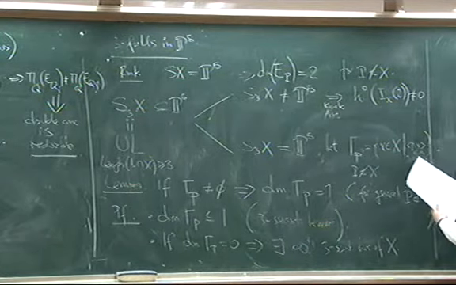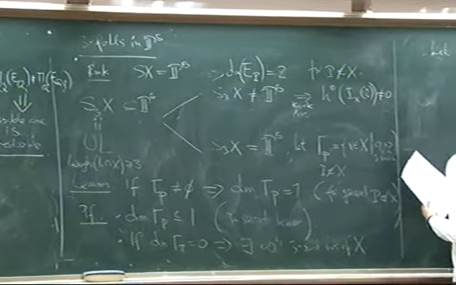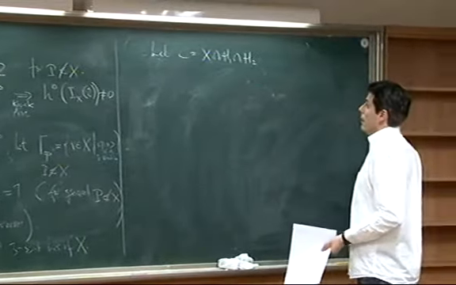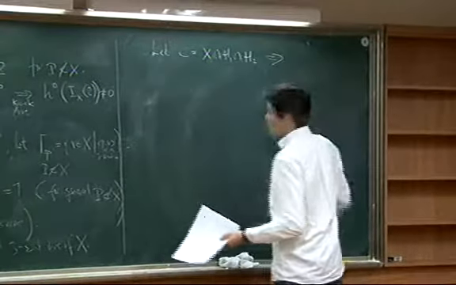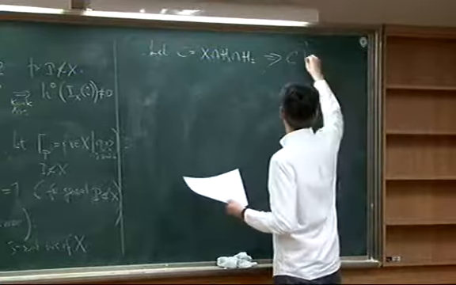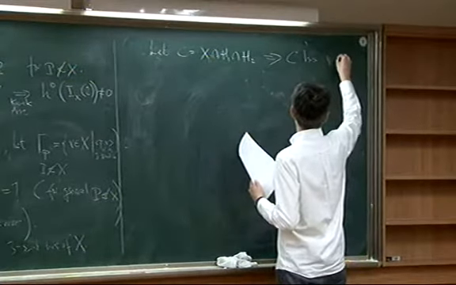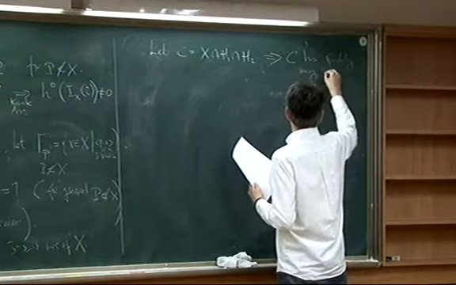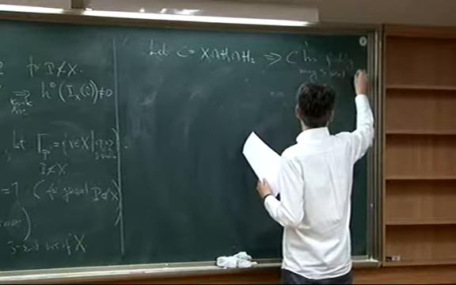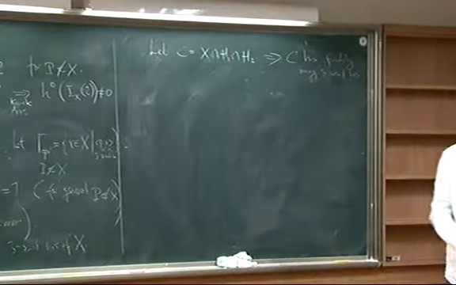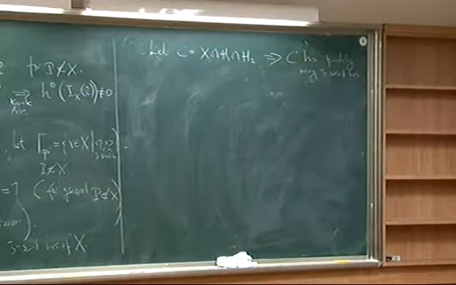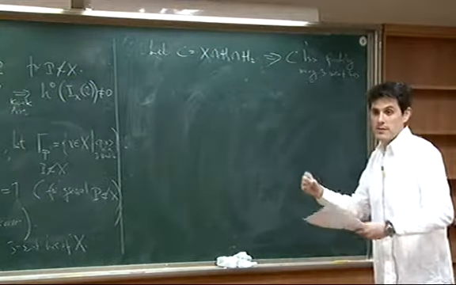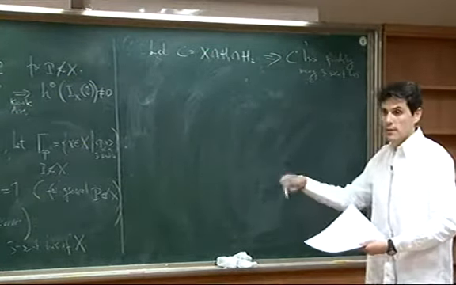So now let C be the intersection of X with two hyperplanes. And then C has finitely many trisecant lines, because every time I cut with a hyperplane, the dimension drops by 2, right? Because the dimension of the Grassmannian of lines in P4 is the dimension of the Grassmannian of lines in P5 minus 2, and so on.